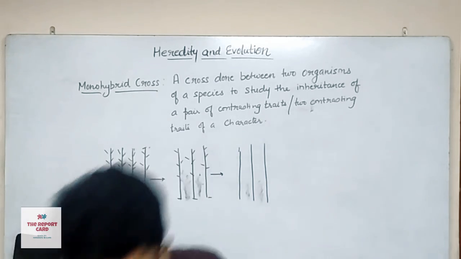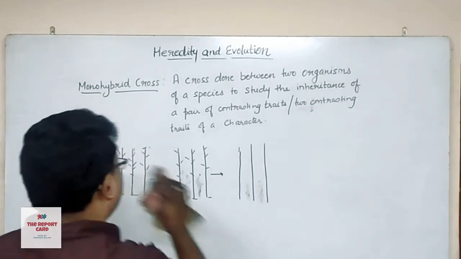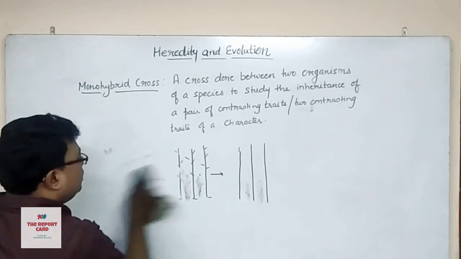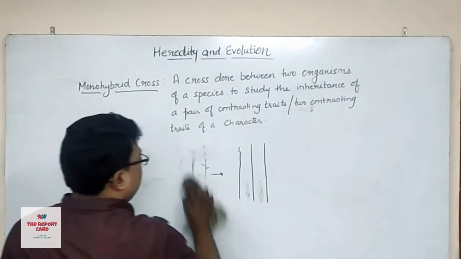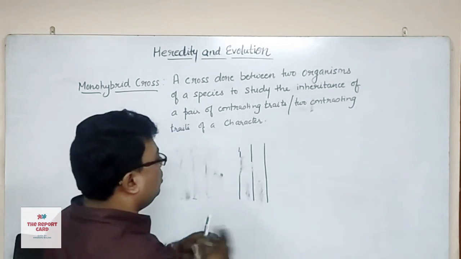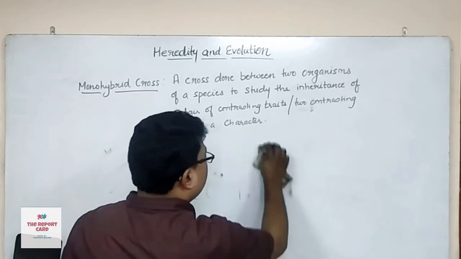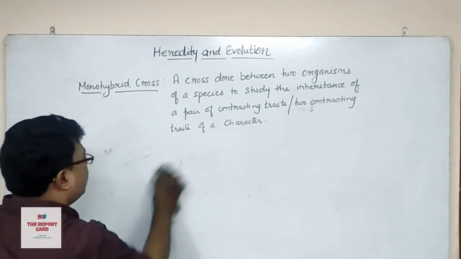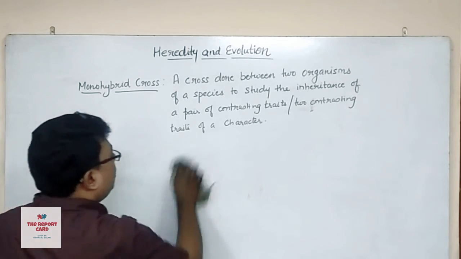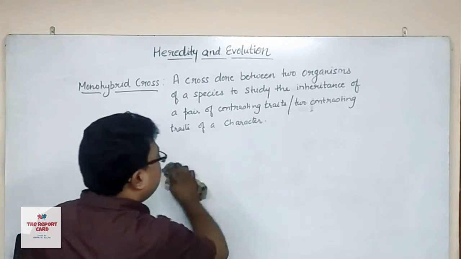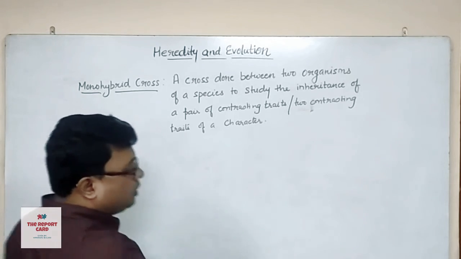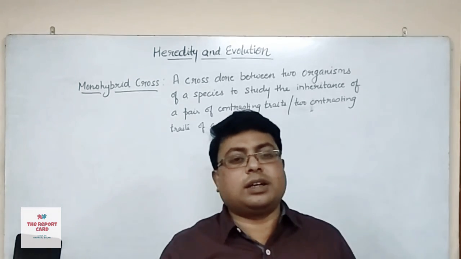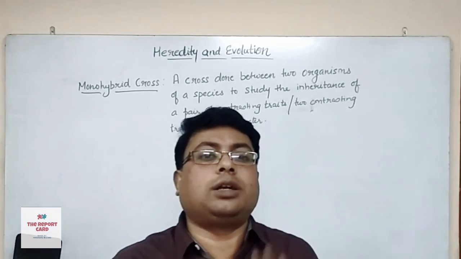He took all those tall plants. Now, why did he do that? He kept on self-crossing the tall plants just to get a pure tall character. He wanted the tall plants that he was taking to have factors which promote only tallness.